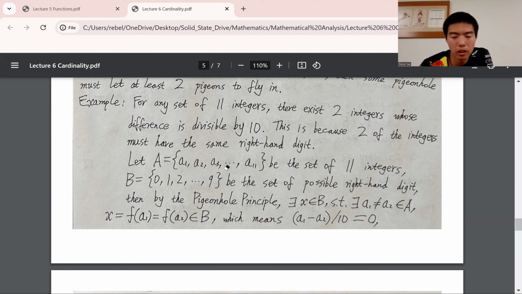So let A be the 11 integers a1 to a11, and B be the possible right-hand digits, which go 0, 1, 2, 3, 4 to 9.